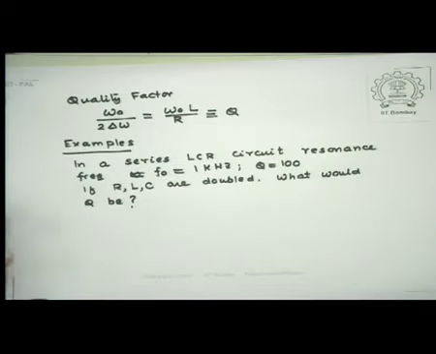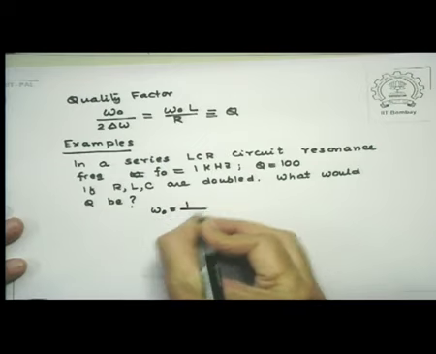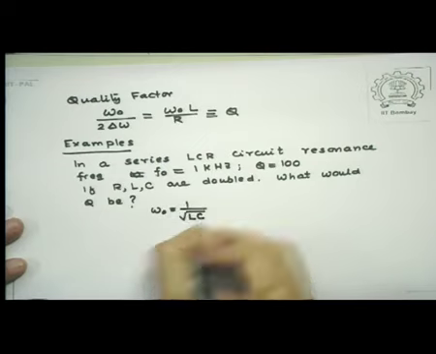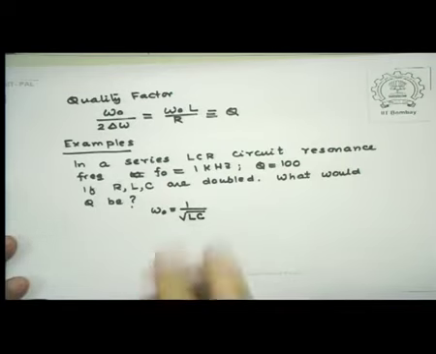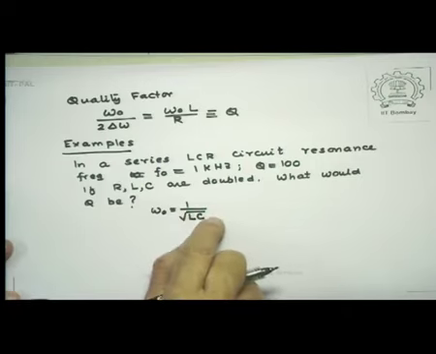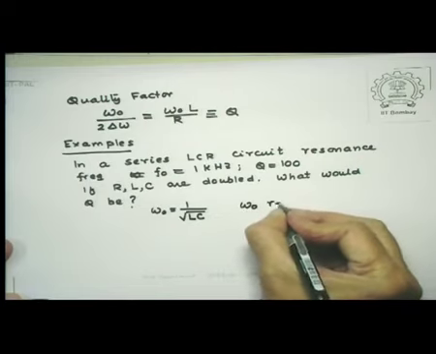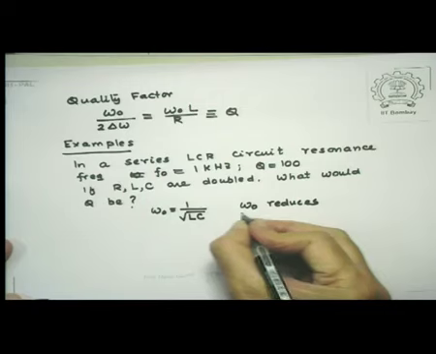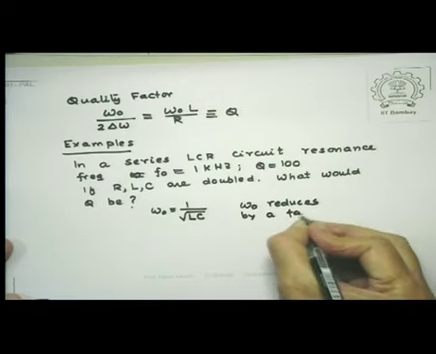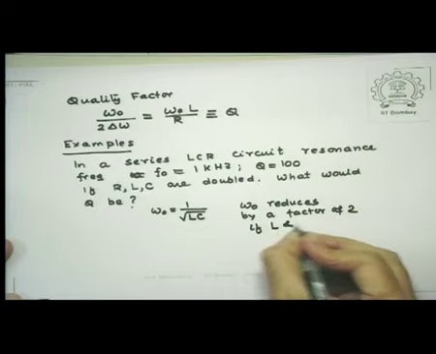Now look at this. I know omega 0 is 1 over square root of LC. So if you double both L and C, then the denominator here will increase by a factor of 2, so that omega 0 reduces by a factor of 2 if L and C are doubled.